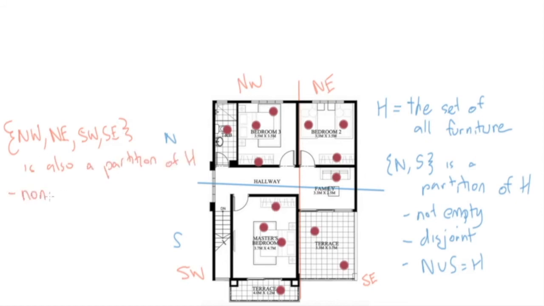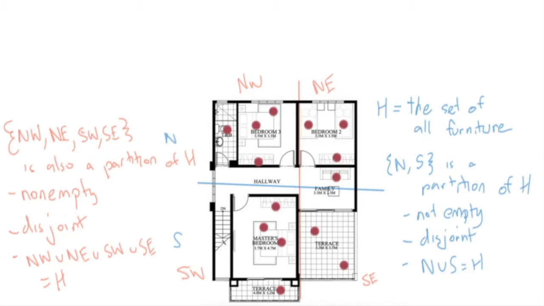They are non-empty, they are disjoint, and their union equals H. So the union exhausts the entire space. There are no leftover elements. Okay, so we have two partitions. We have the partition N and S, which is a two-way partition, and then we have the four-way partition northwest, northeast, southwest, southeast. This is a very particular kind of scenario which we call a refinement.